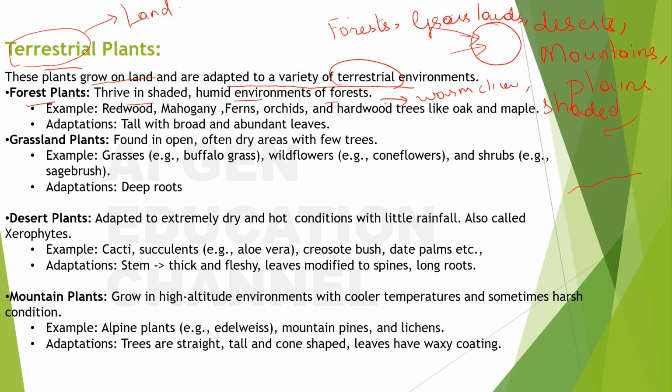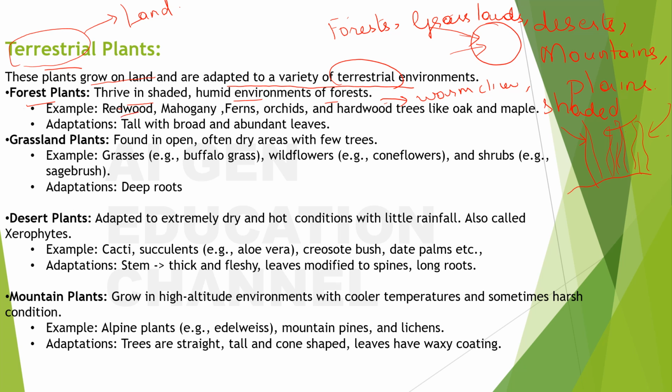You think that, oh, forest, there are so many trees and it's all open, so there will be so much sunlight. No, it's because as there are so many trees, it is very difficult for sunlight to reach the leaves of the trees, right?